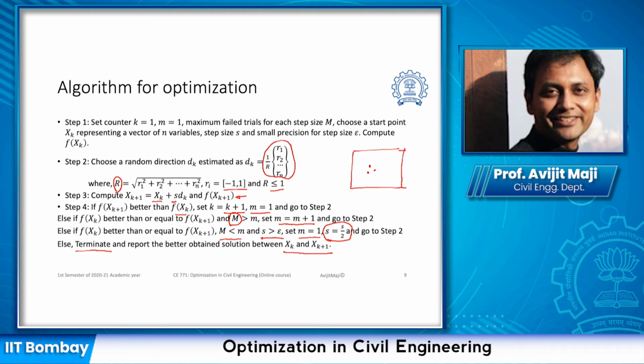Now at this point, if we start searching for a better point all around this by taking random directions of the same step size and found that we couldn't find any better solution and we have exhausted the failed trials, then instead of the step size of this length, we are going to reduce it.